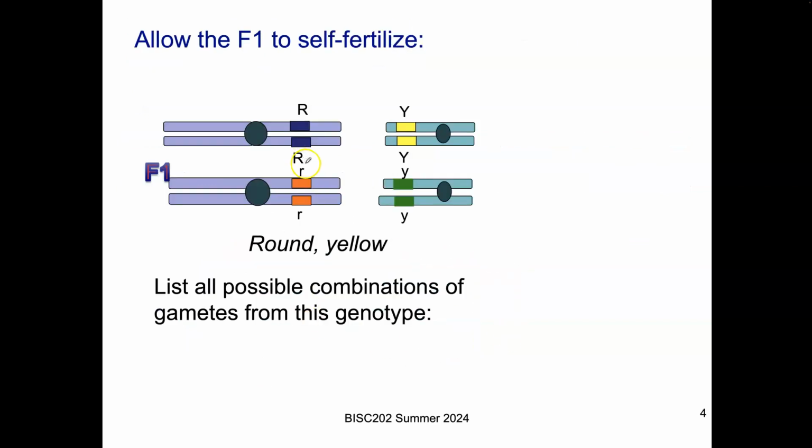To think about the gametes. So now he took these individuals and allowed them to self-fertilize. And so what I would like you to do is, there will be 4 different combinations of gametes possible from this. To just take a look.